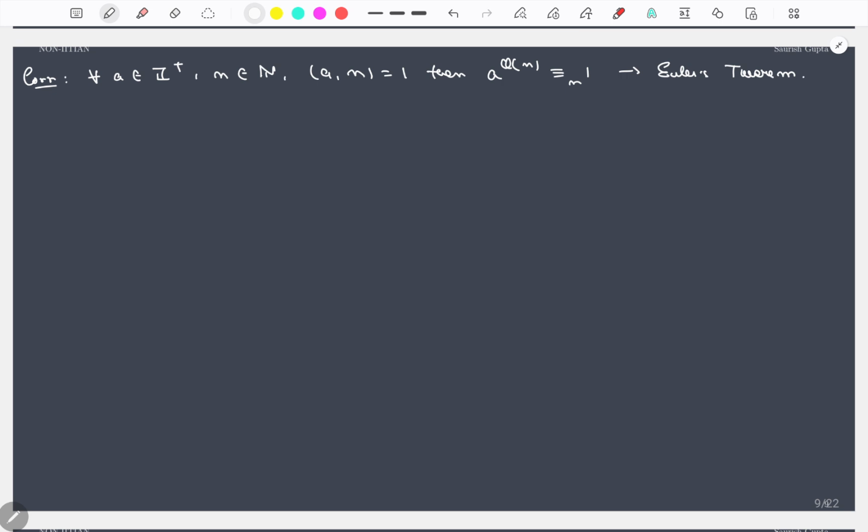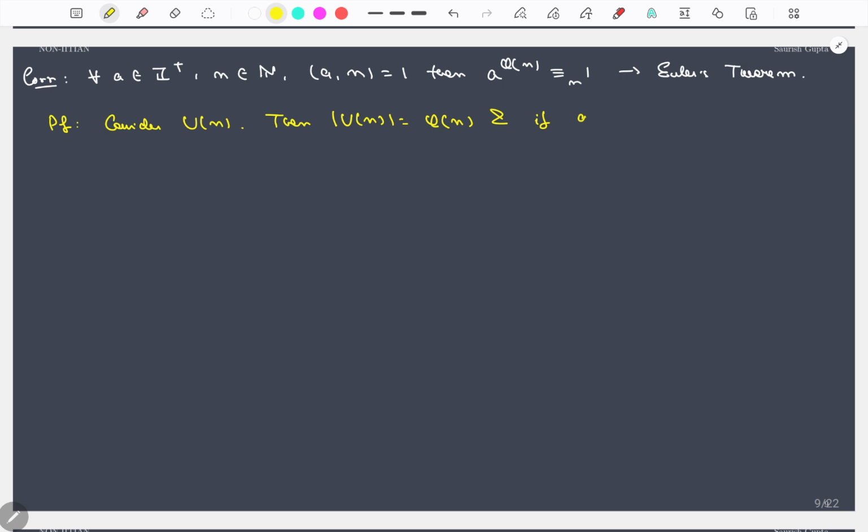Okay, and how do we prove this? Proof. So consider the group U of n, right? Then the cardinality of U of n is phi of n, by definition of U of n.